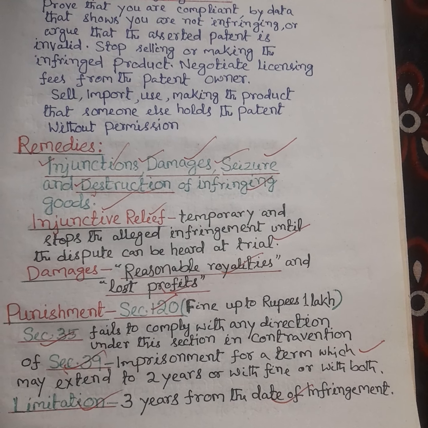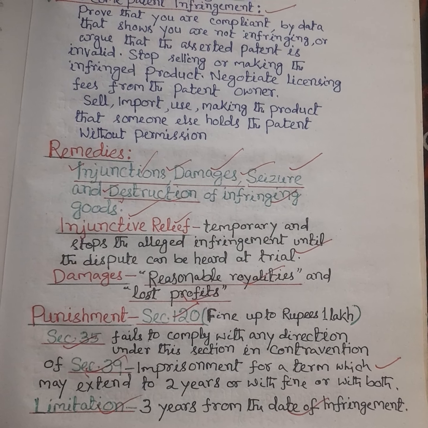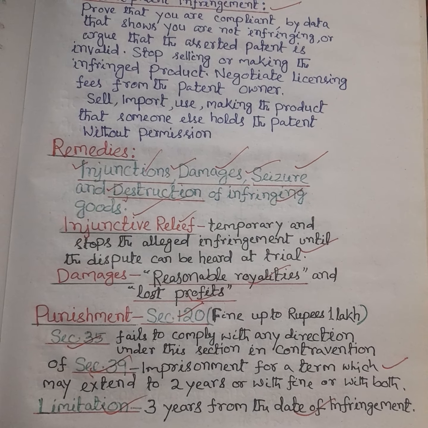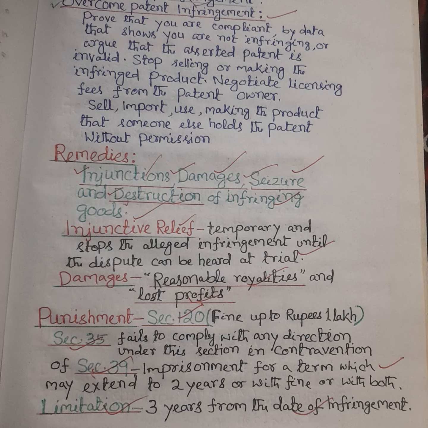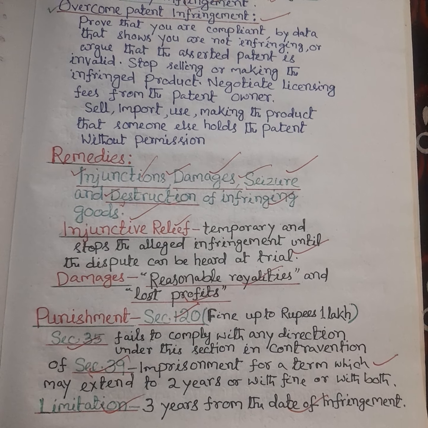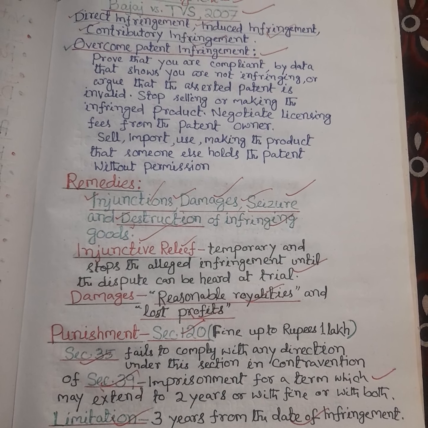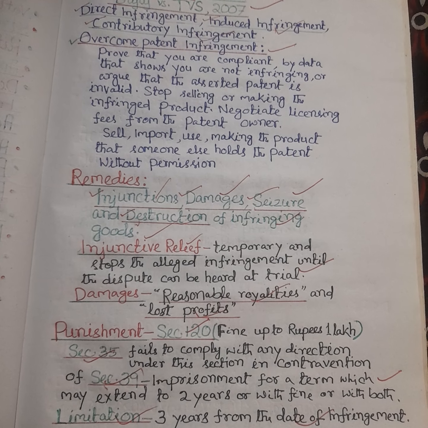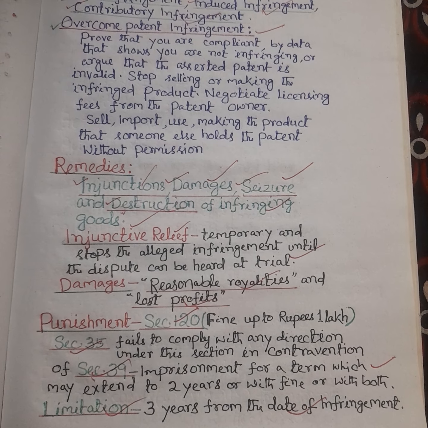So, in regard to this question, what do you mean by infringement of patent, and discuss the remedies available to the plaintiff in a suit for infringement, first we discuss the meaning of infringement and how, in the case of Bajaj versus TVS in 2007, the question of infringement was raised by Bajaj against the TVS motorbike company, and how there are different kinds of infringement: direct, indirect, contributory infringement, and also what exactly is meant by overcome patent infringement.